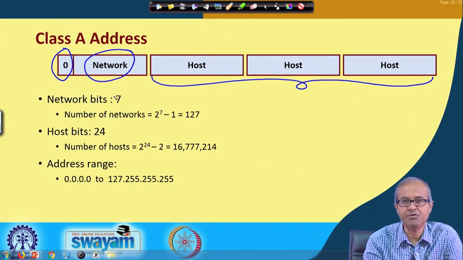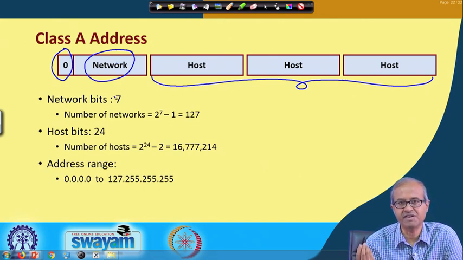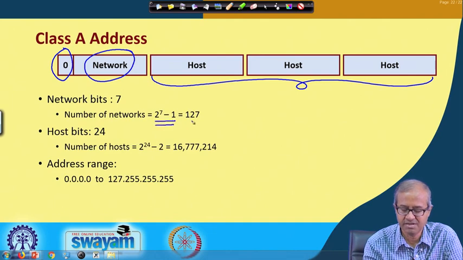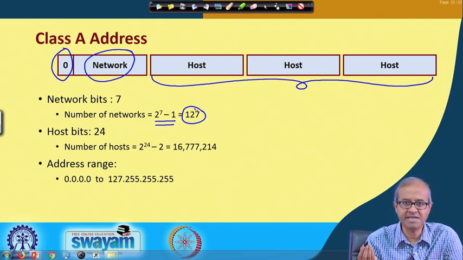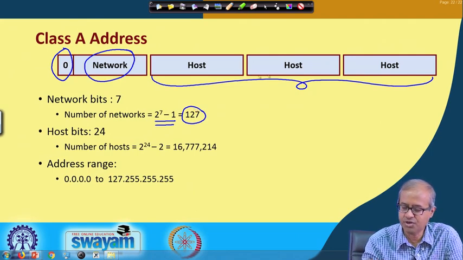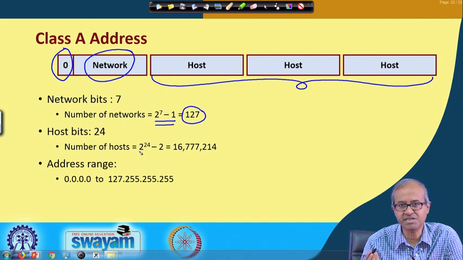Because there are 7 network bits, there can be 2 to the power 7 combinations. Out of them, the all 0 combination is not used, so taking that away, there can be 127 possibilities. There can be 127 class A networks, and inside each such network there are 24 bits in the host part, so 2 to the power 24 combinations are possible.